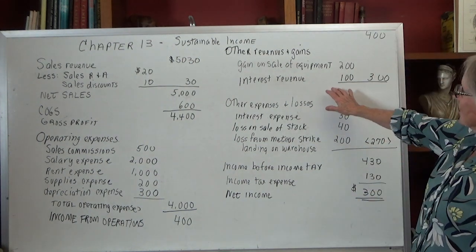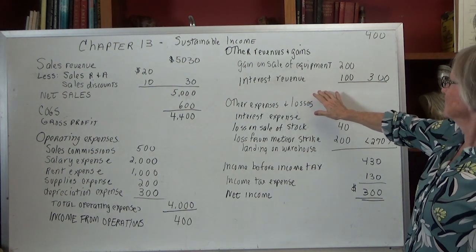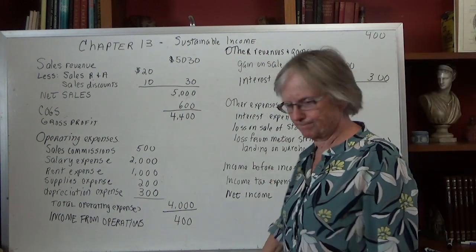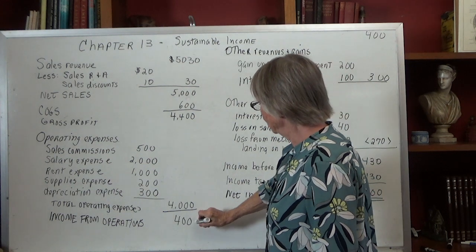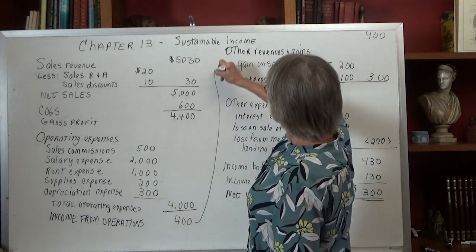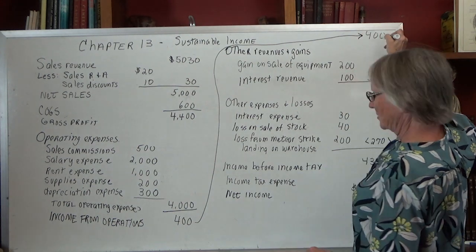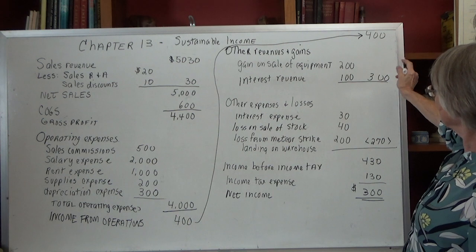That's not your main line of business, but it's part of what happened. So here, if we had a long whiteboard, this 400, actually I'll just come up here, okay, that's our income from operations. Now we've added 300 for our other revenues and gains.